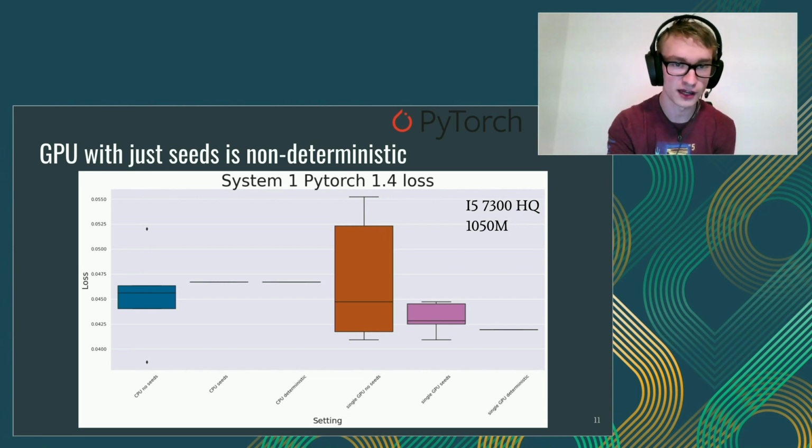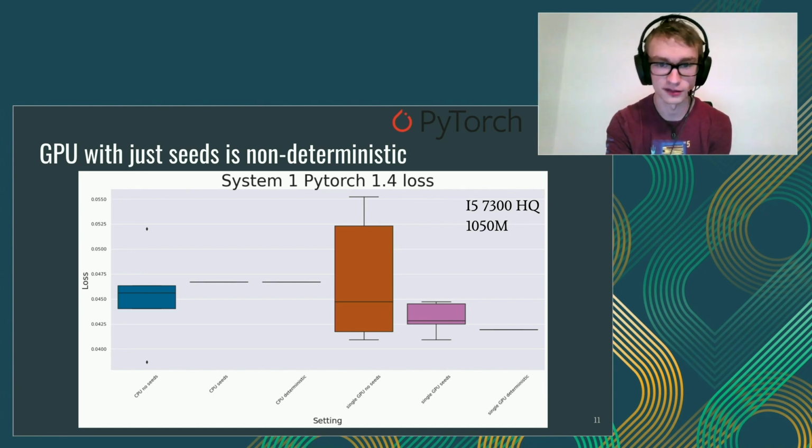So it's not a flat line, but it's a box plot that actually has a body. So there's some variation, which we don't want to have. Now, if you focus on the second setting, we suddenly enable the random seeds and we get a deterministic result. If we enable even further deterministic settings, there's not any effect on that. We still get deterministic results, which is what we want to have.